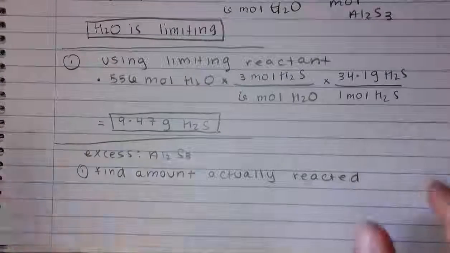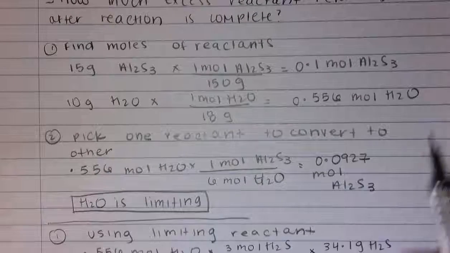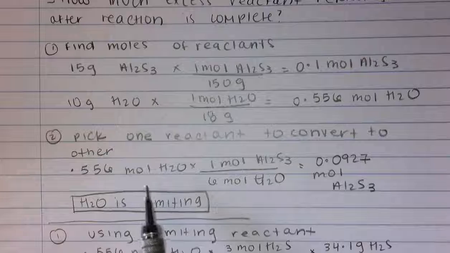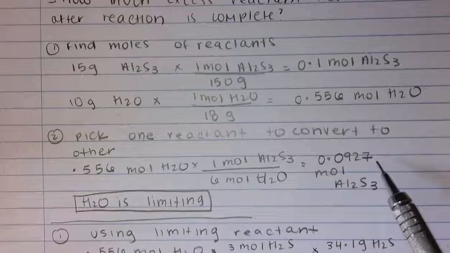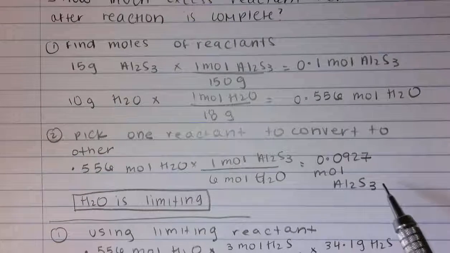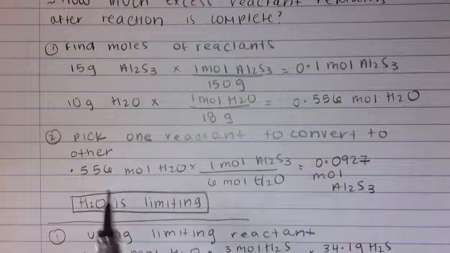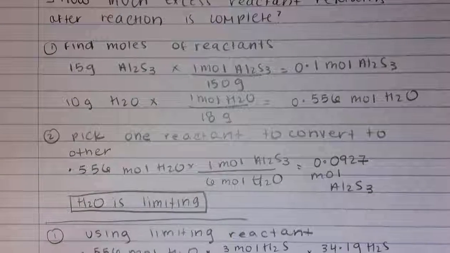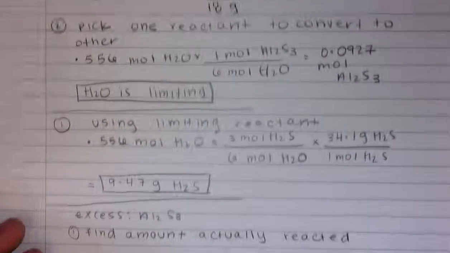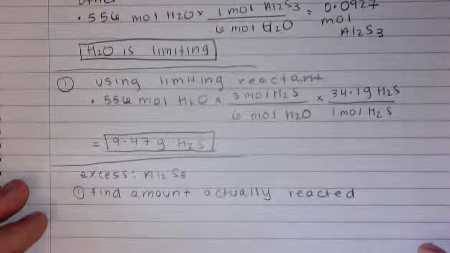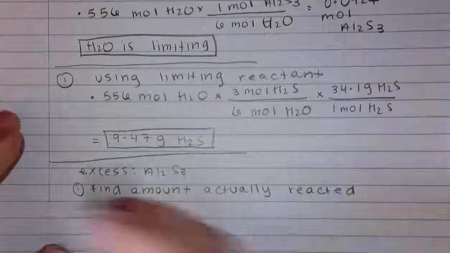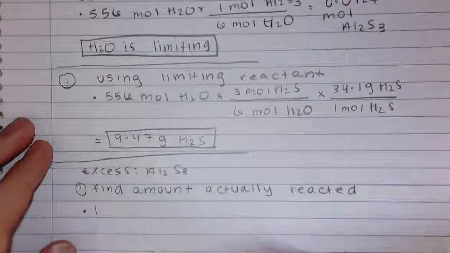So we actually did this in our second step, where we found that we need 0.0927 moles of aluminum sulfide to react with these 0.556 moles of water. So we already have that based on how we found our limiting reactant. We know that 0.0927 moles actually reacted, and we started with 0.1 moles.